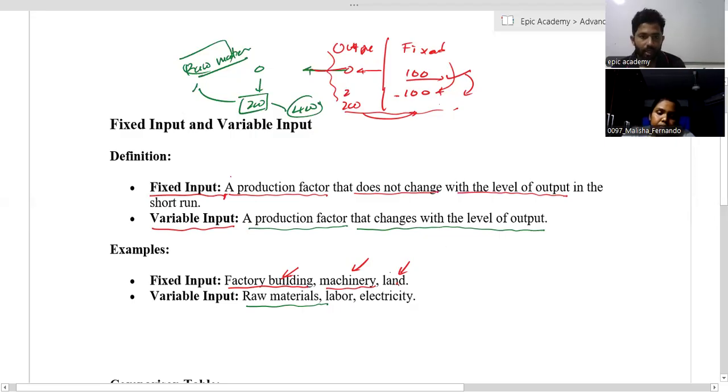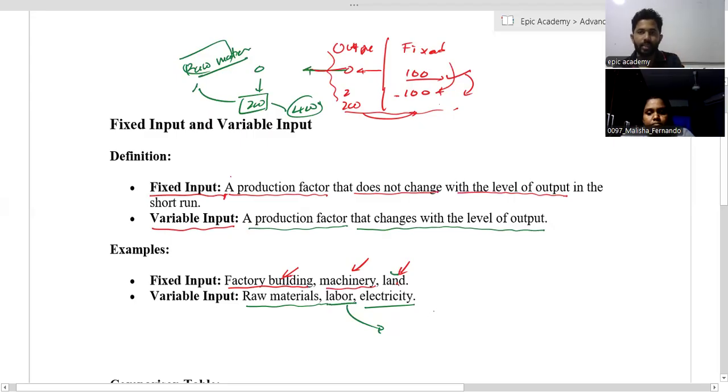Labor also. If your production level increases, you have to bring more and more workers into the organization. Just consider electricity. If you are using electricity to power the machineries, then you need to pay for the electricity.